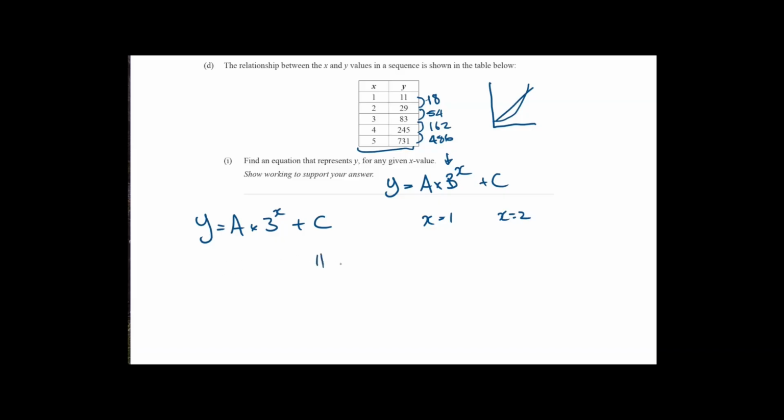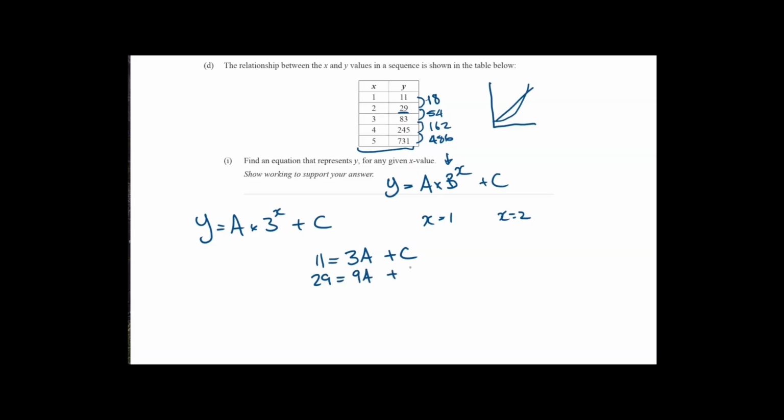So 11 is going to be equal to 3 to the power of 1, which is 3, times a, plus c. And now we're going to let x equal 2. When x equals 2, y is equal to 29. So 3 to the power of 2 is 9.